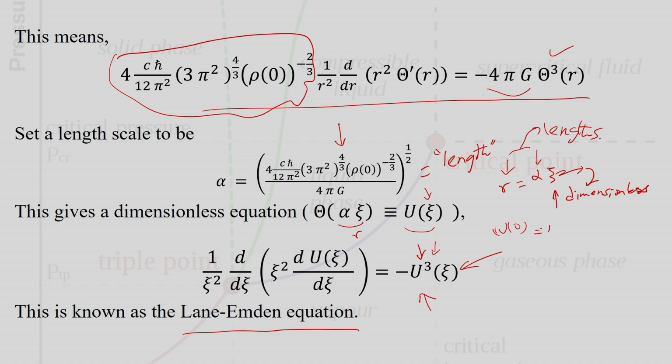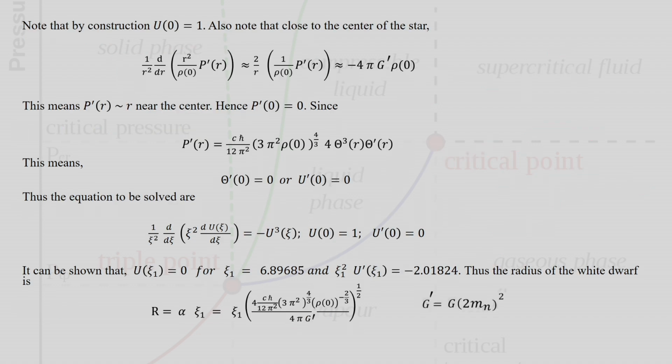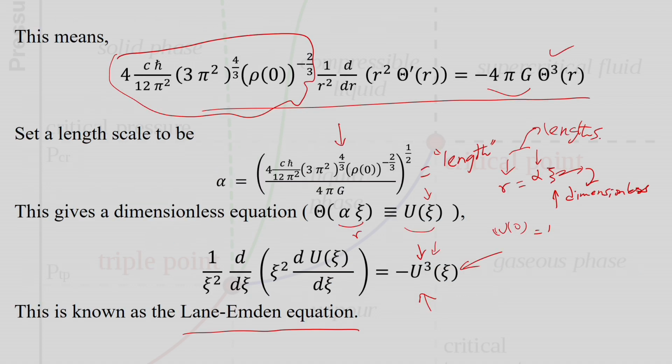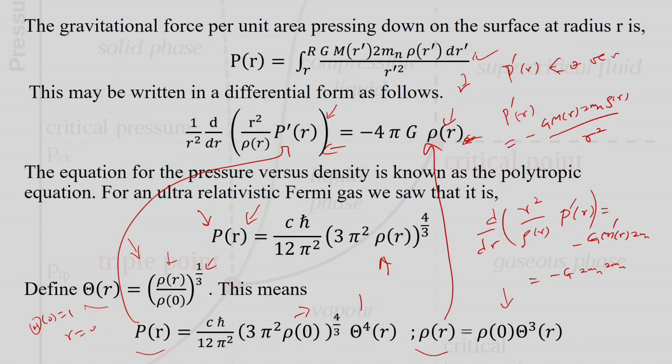So u of 0 is 1, but that is just one boundary condition, and I need one more, because it is a second order equation. So how do I deal with the second boundary condition? If I go back here and look at the small r limit, as r tends to 0, for r small, we can expect p dash r to be close to p dash 0.